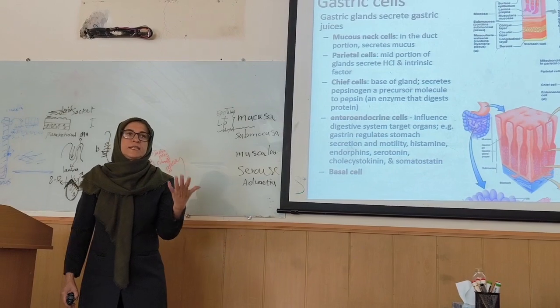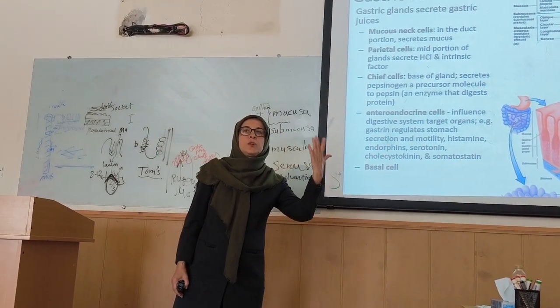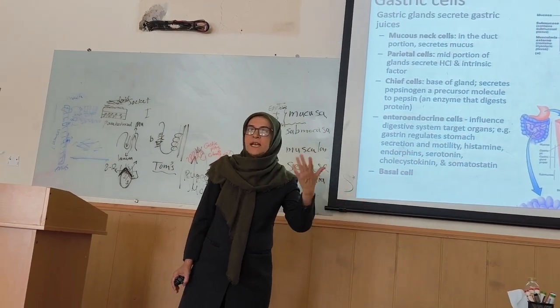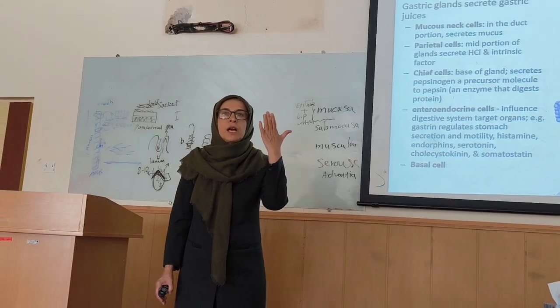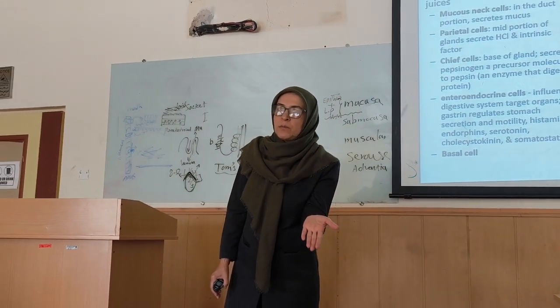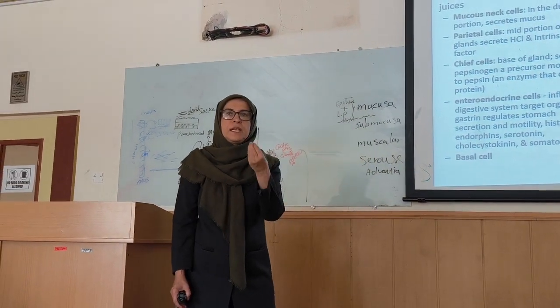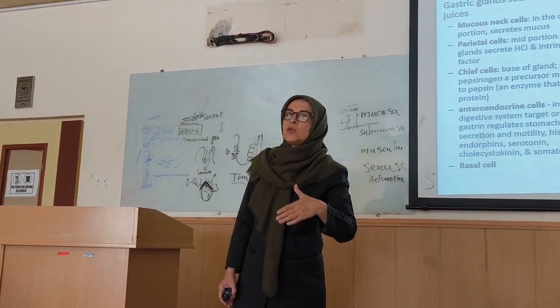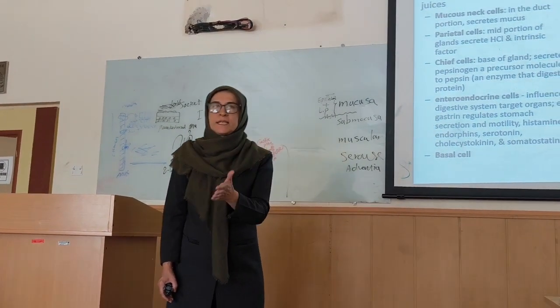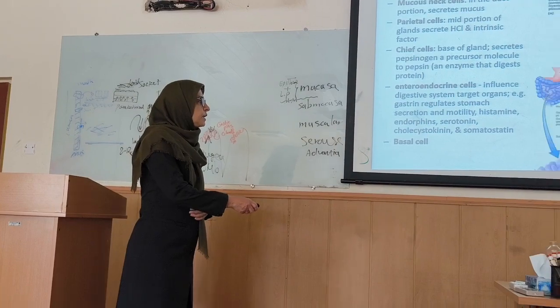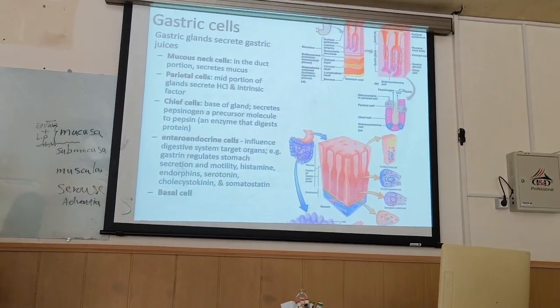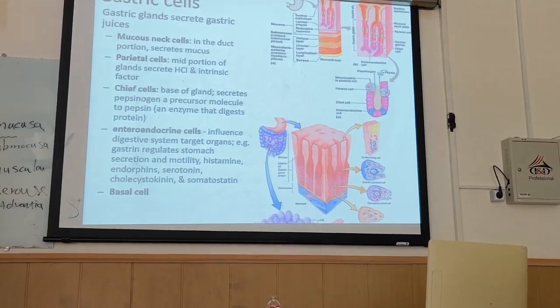Endocrine cells are the same as endocrine glands; they secrete their products into the blood. Because of it, they need to be located close to the vessels, close to the blood stream. Because of this, they are located in the deep part of the glands.